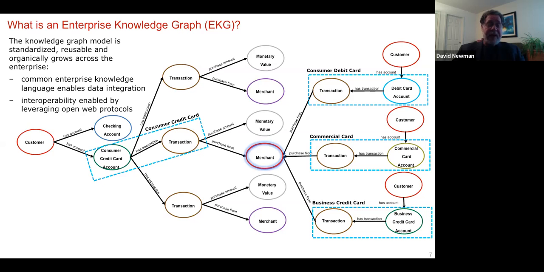But if these databases are represented semantically as graph databases, then we will be able to engineer federation and interoperability across these databases because we all align to the same common model and the same web-enabled protocols, where we could simply ask a question of a merchant and that question will traverse these web-enabled interfaces and linkages over the web of data in order to basically identify that the ultimate customers associated with this merchant can be identified even though they may be stored in different databases across the enterprise.